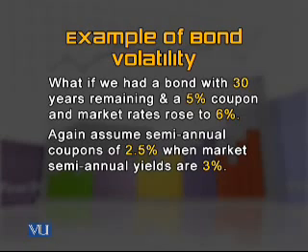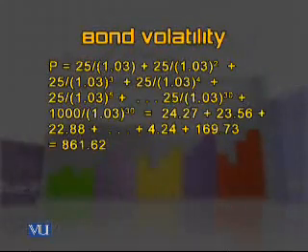You're talking about 5% market yield and 6% market rates and 5% coupon yields. तो इसका effect भी ऐसे ही होगा और इसका result जो निकलेगा, okay, for your convenience, just look at the screen and you will find out how we solve this bond volatility problem.